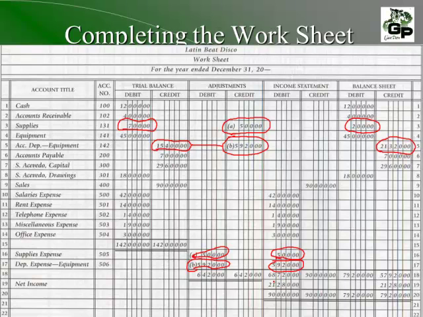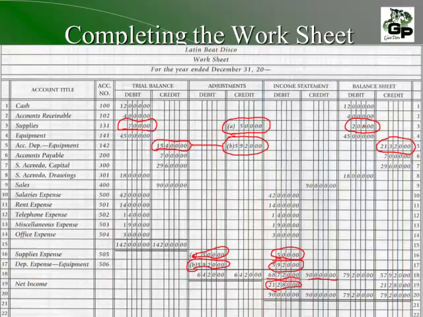So for our income statement, what we have is a total of $68,720 on the debit side and $90,000 on the credit side. We find out that our net income, when we take the difference between these two totals, will be $21,280. When we add these two, obviously, from previous units, we know that these two numbers at the bottom in the total line will be the same, in this case $90,000.